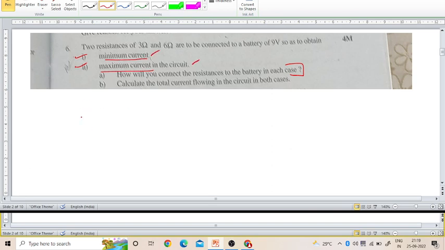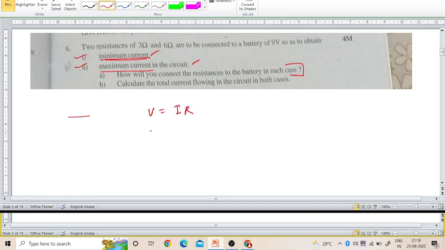So the first thing I would like to tell you is that minimum current is drawn only when the resistance is maximum. We know V is equal to IR.